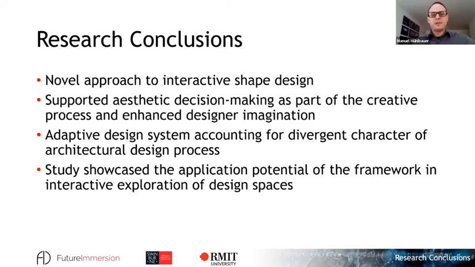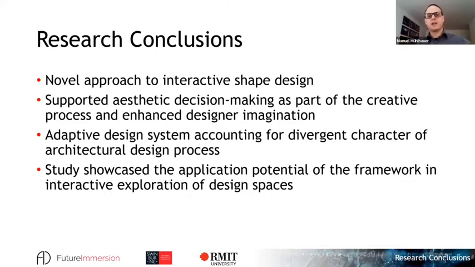The adaptive system also accounted for this divergent character of the architectural design process. That's not a linear process that converges to one point where there's a best solution, but exploring a variety of different design solutions, learning about the design case and then coming back and adjusting the representation to move forward.